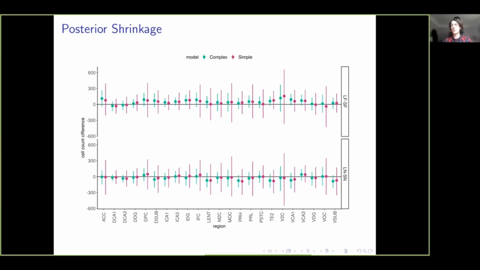The bottom line shows the difference between lesion novel and sham novel groups. Notice how in each case, the hierarchical model has much tighter posterior intervals than the simpler model. It's worth noting that the simpler model attempts to fit the same number of parameters as the hierarchical one. However, it drops any of the structure present, for example, the correlation matrix and the animal heterogeneity.